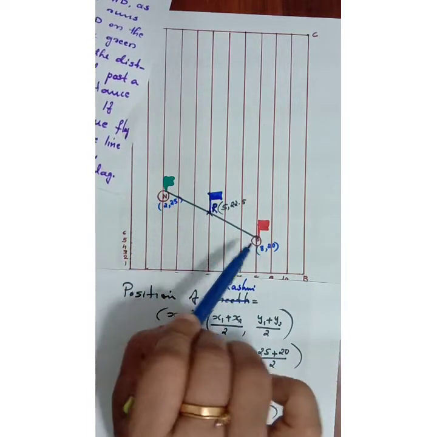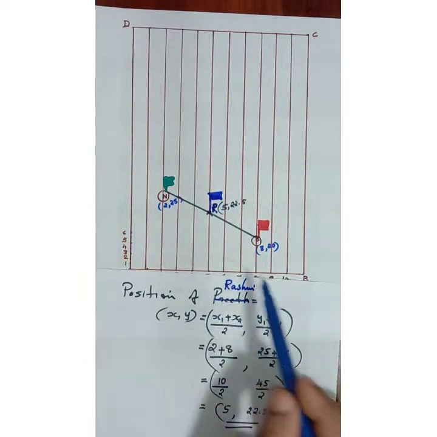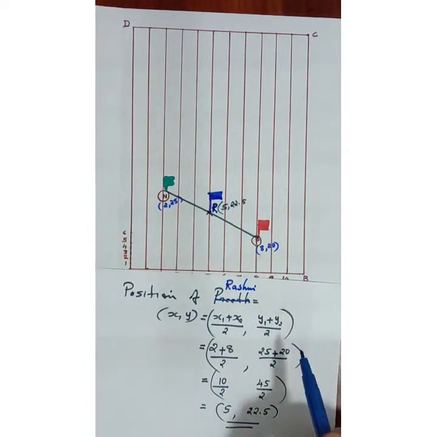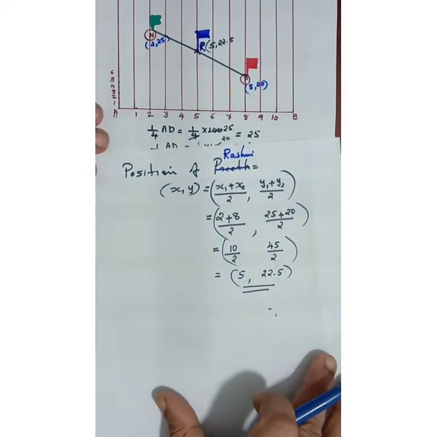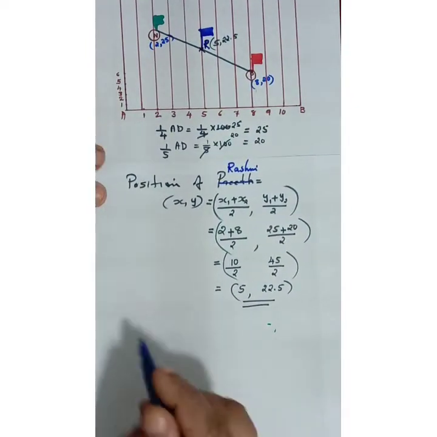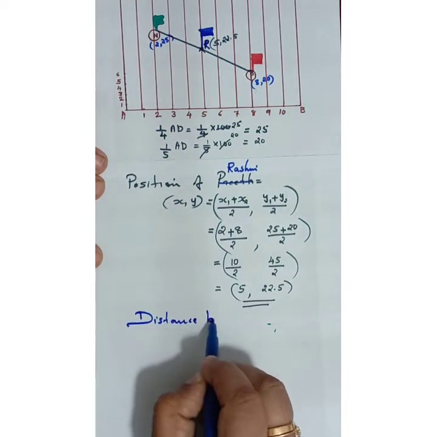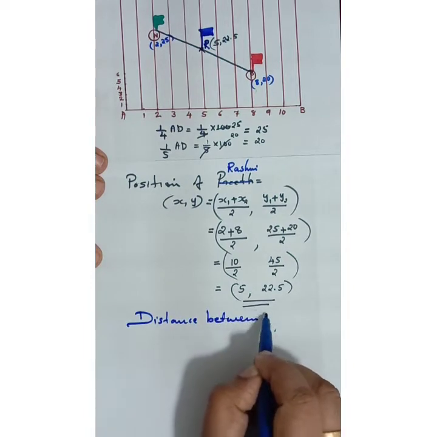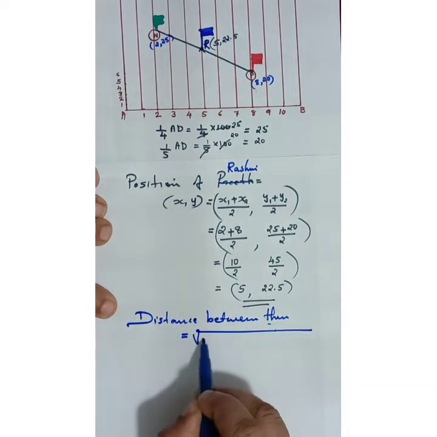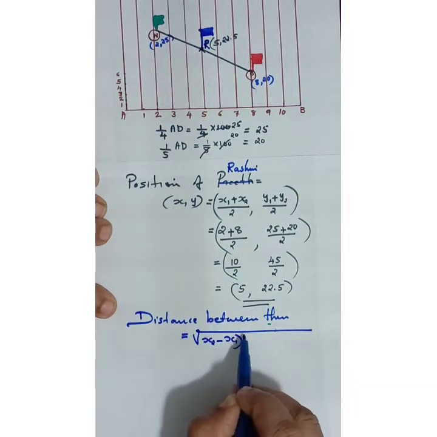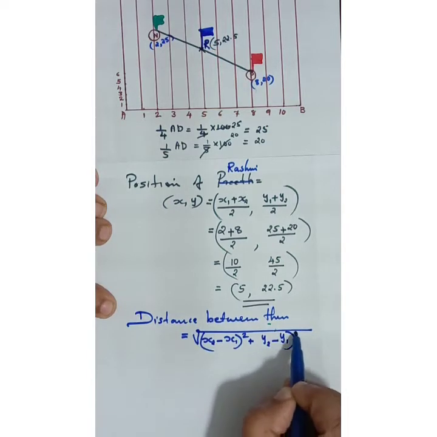Now the distance between N and P, these two girls. So here we have to find out the distance. Coordinates are also available. So how to find out the distance? We have to use the distance formula for finding the distance between N and P. Distance between them equals, use the formula square root of (x2 minus x1) whole square plus (y2 minus y1) whole square.